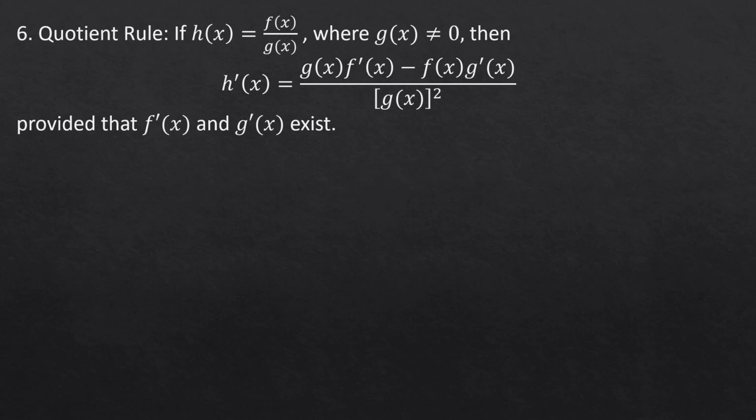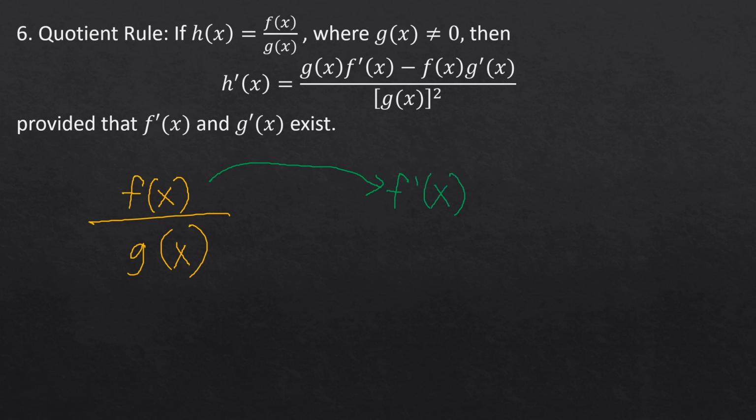So according to the quotient rule, ang unang-unang gagawin natin dito is to observe muna the numerator and the denominator. So let's say, for example, if you have f of x, you have g of x. So ang mangyayari dito, when you get the derivative of f of x, that will be f prime of x. And when you get the derivative of g of x, it's g prime of x.